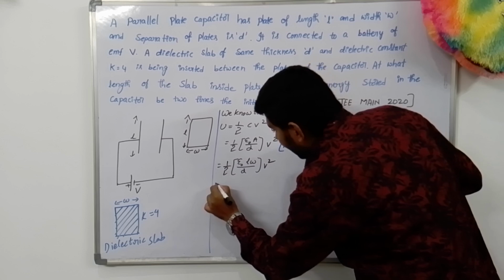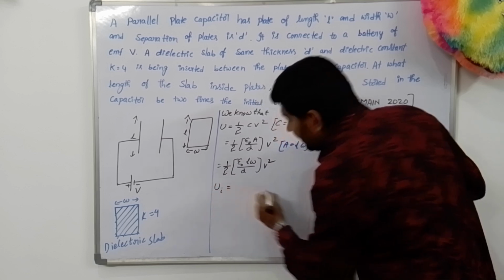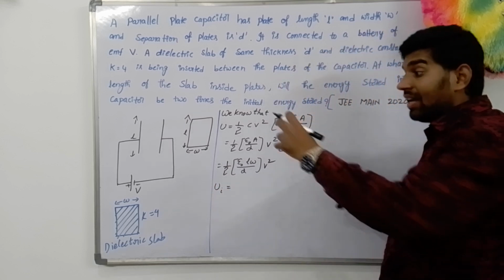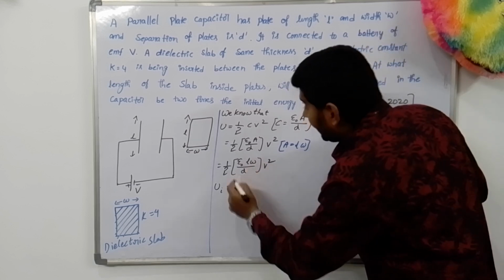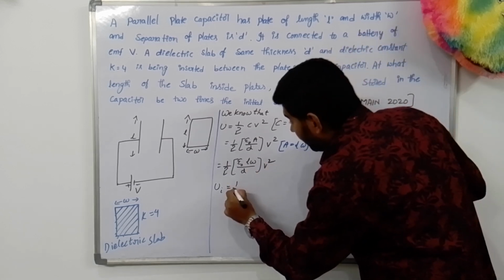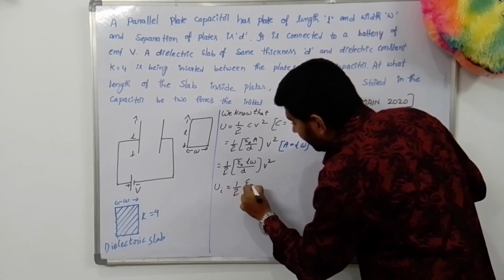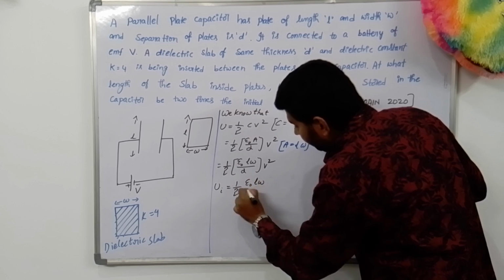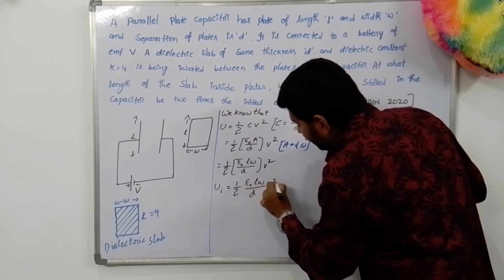Finally you got the initial energy. Initial means before placing the dielectric slab, the energy of the capacitor is half epsilon naught LW by D V square.